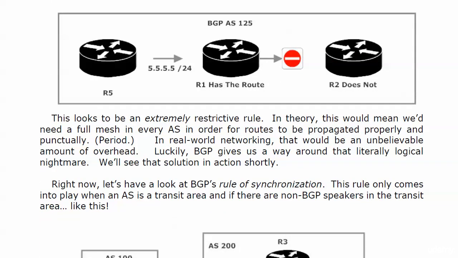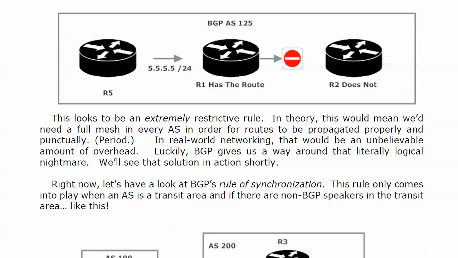Now, this looks like a pretty darn restrictive rule, because in theory, this would mean that we would need a full mesh in every AS in order for our routes to be propagated properly and punctually. In real-world networking, that would be an unbelievable amount of overhead. And in larger labs, with 8, 9, 10 routers, trying to build a full mesh is a nightmare.